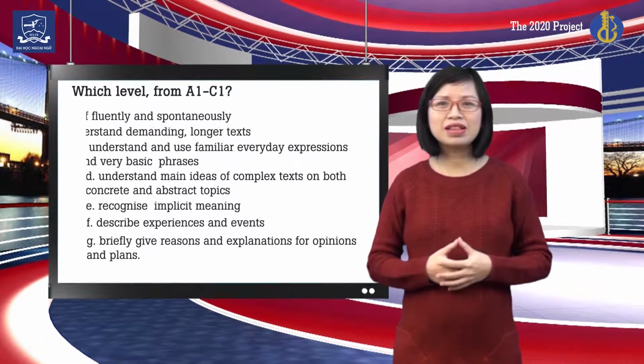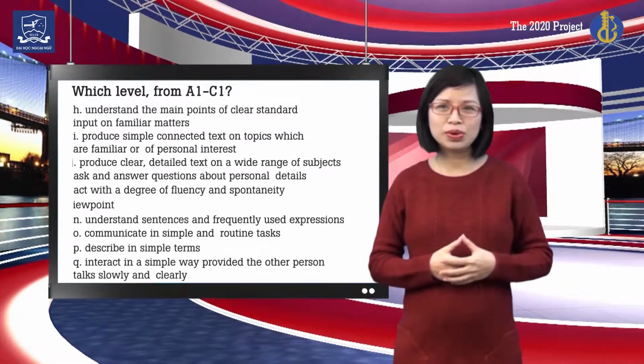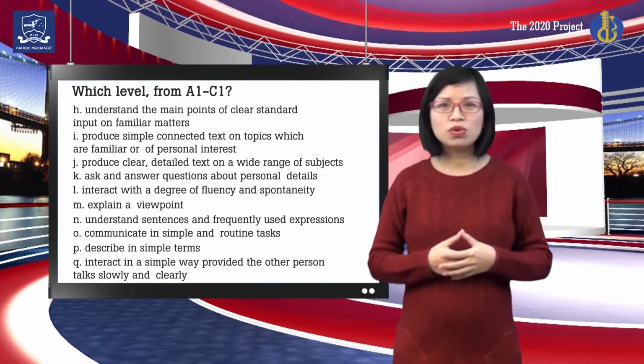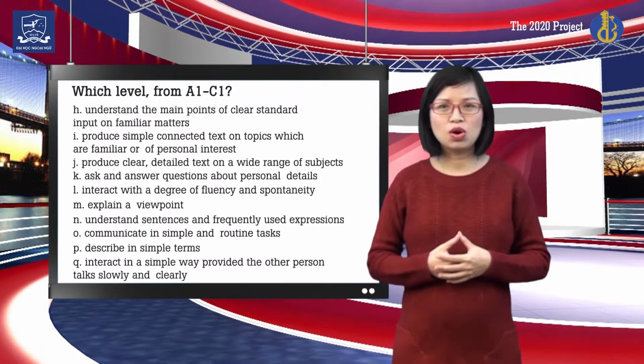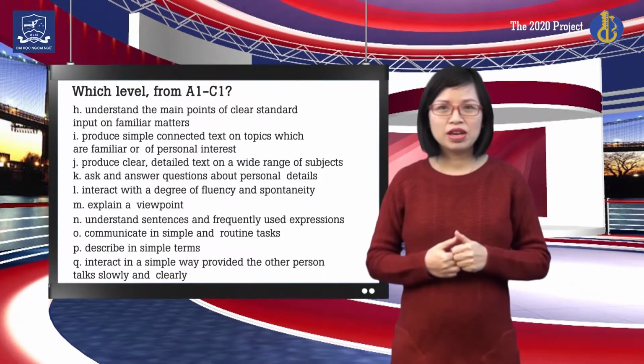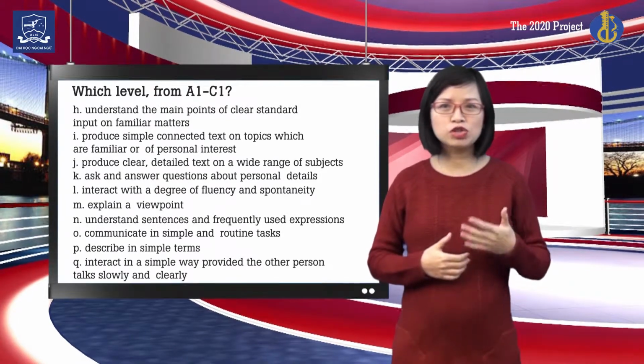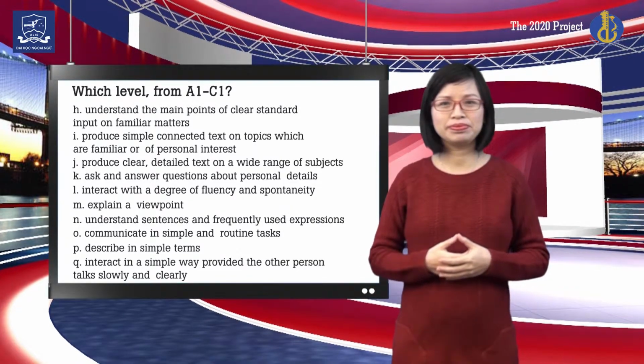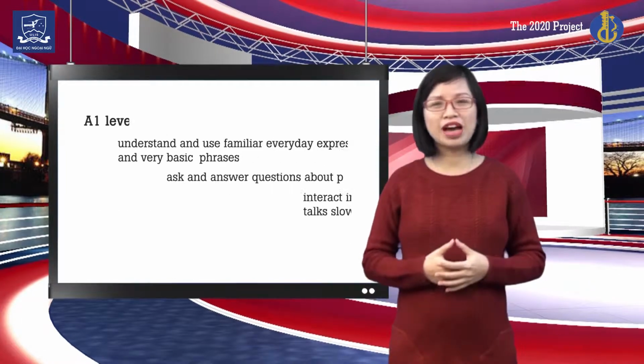Well, we also have some other statements from H to Q. Please spend another 1 minute doing this before we check all the answers. 1 minute starts. If you need more time, feel free to pause the video longer if you want. I hope you have got the correct answers.